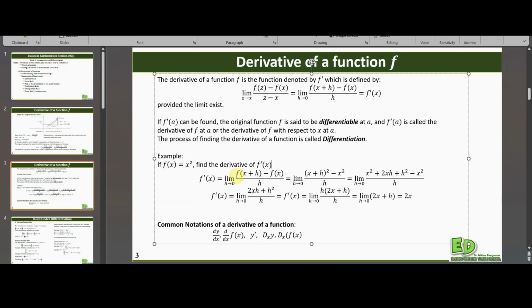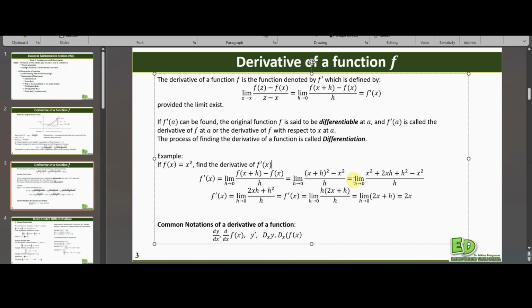So I would say 1 into bracket x plus h all squared, because the function is raised to the power 2, minus x squared. You can see it here as a limit as h approaches 0. So 1 times x plus h all squared is still x plus h all squared, minus your f of x, which is x squared, all over your horizontal distance.